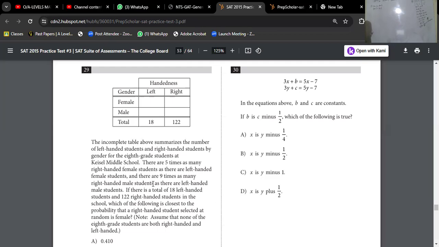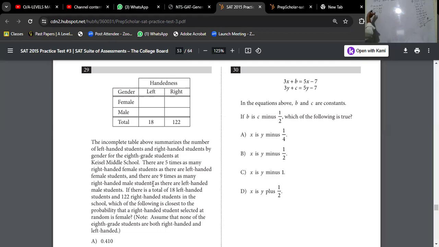In the above equations, b and c are constants. If b is c minus half, so b is equal to c minus half, that is given in the statement there. Now, which of the following is true?